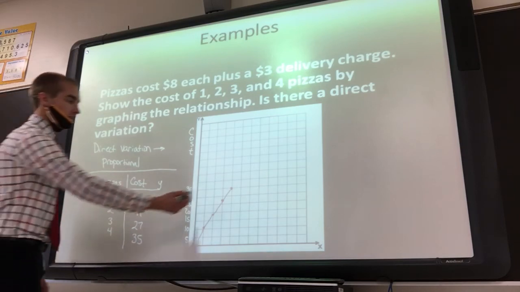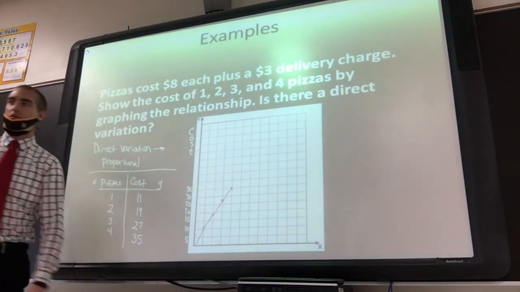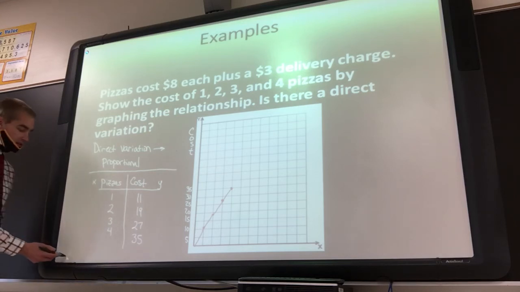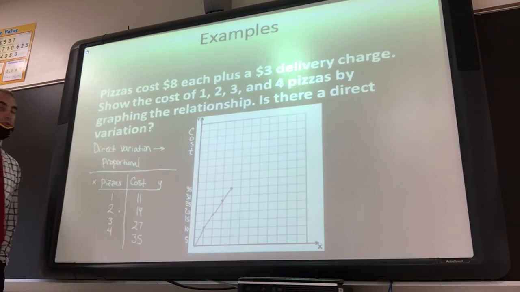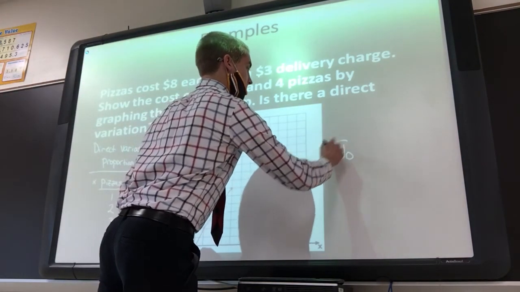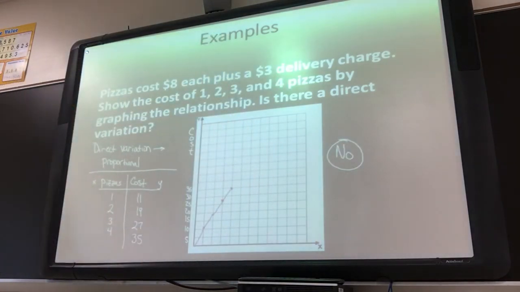Or I could just connect it all the way through and it wouldn't meet the origin. So whichever way that you want to make this graph, either make it not a straight line or make it to where it doesn't go through the origin. But we already see that it's not going to be direct variation or proportional. And so the answer would be no. Okay, so you all go ahead and do the last one on your own once you get that one. Graph that last one and then tell me, is it direct variation or proportional?